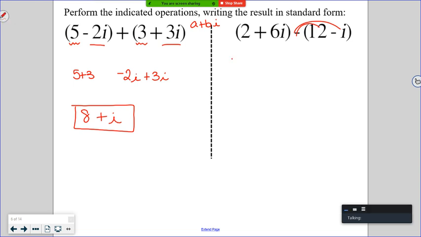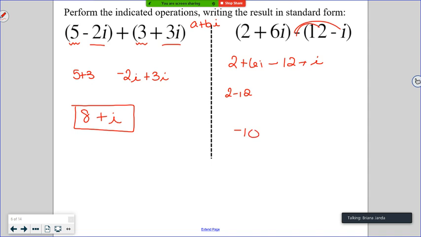Okay, let's try this again. 2 plus 6i minus 12 plus I. Then I can start combining my like terms. Real numbers being 2 minus 12. 2 minus 12 is -10. My imaginary numbers would be 6i and 1i. 6 plus 1 would be 7i.